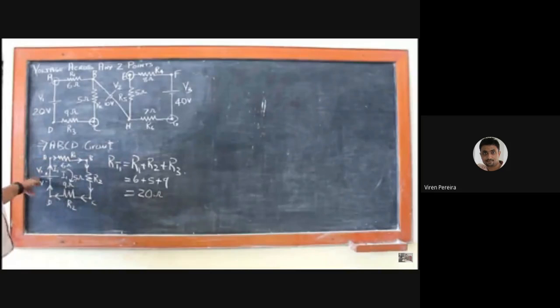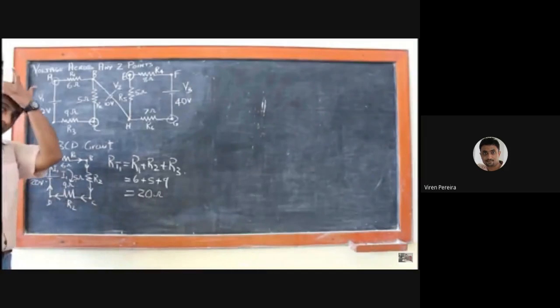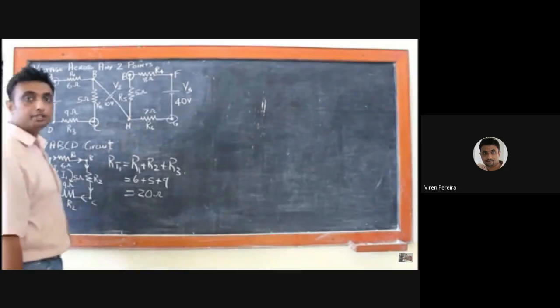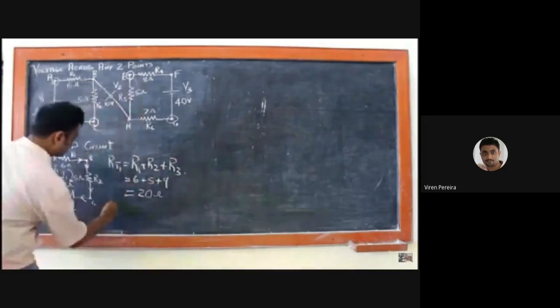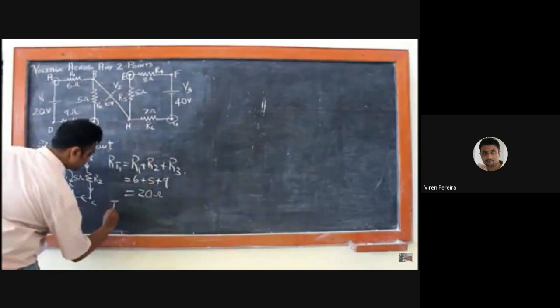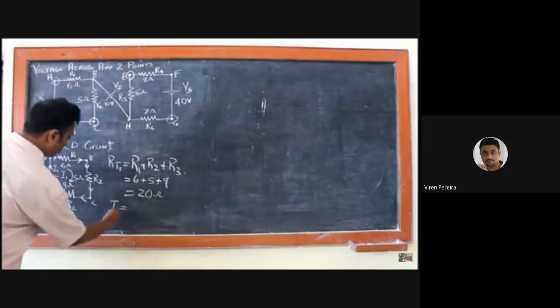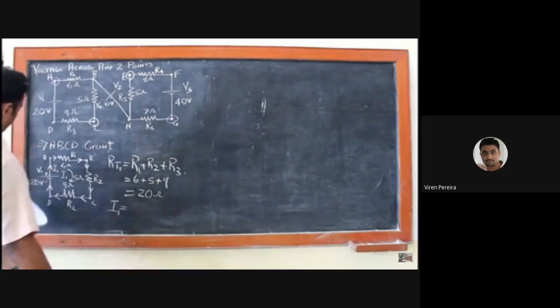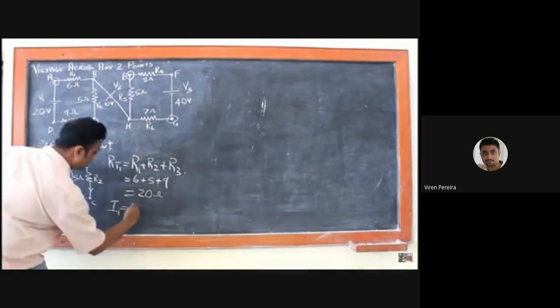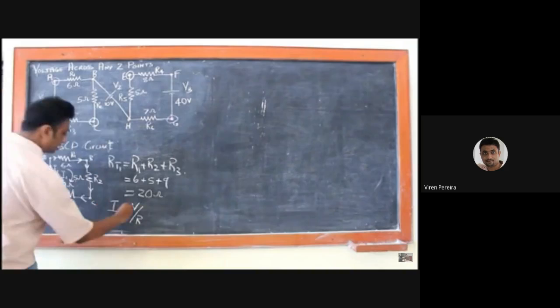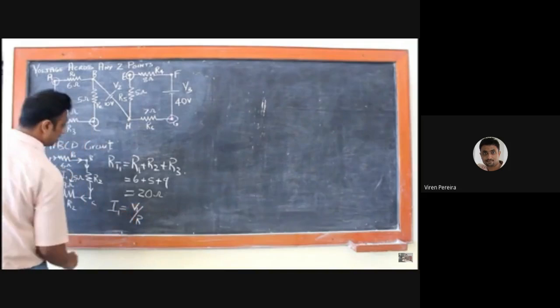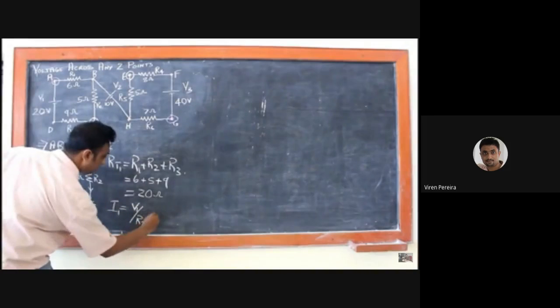I already have the voltage source. Now from Ohm's law, we have V equals I into R. So I1 will be equal to V divided by R, so V1 divided by RT1.